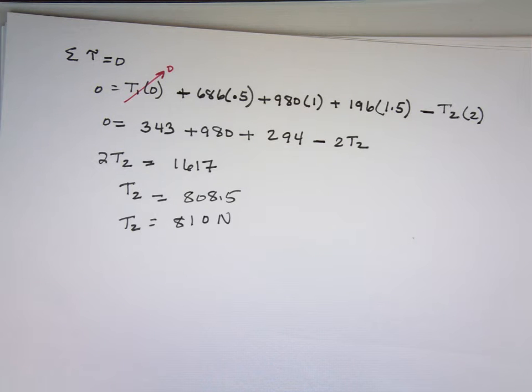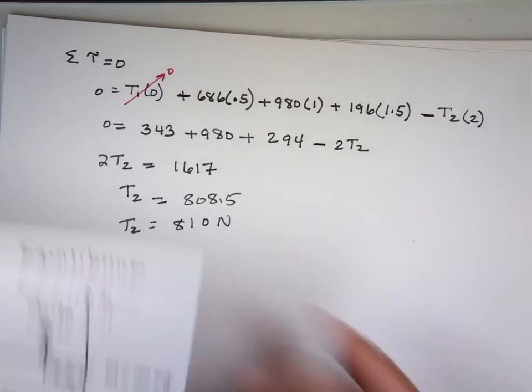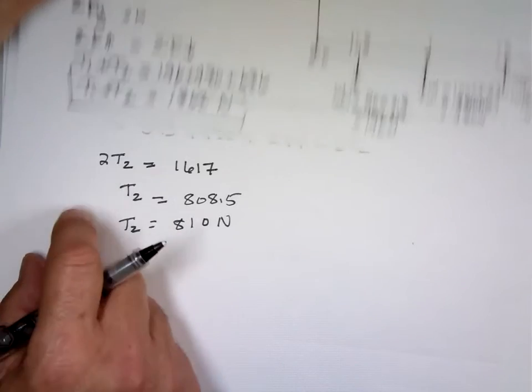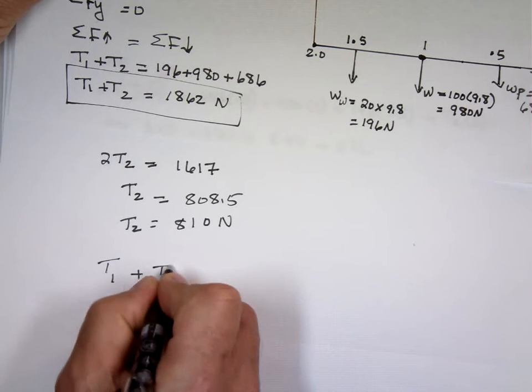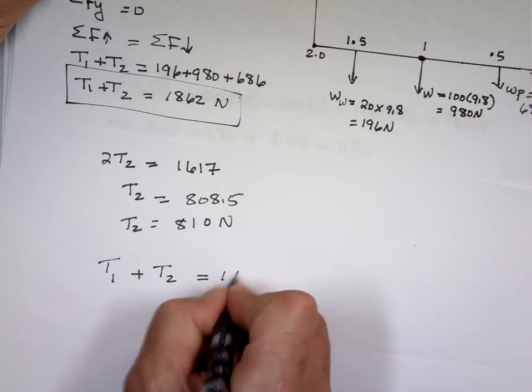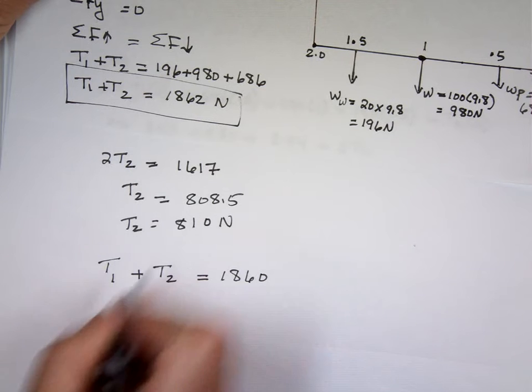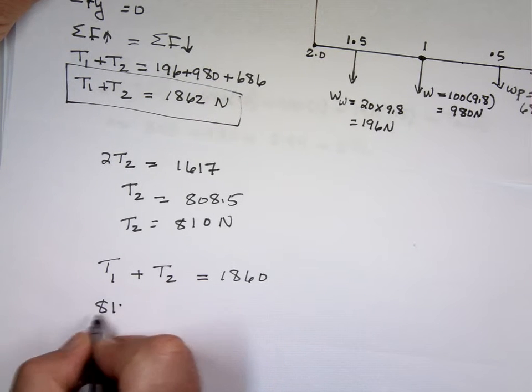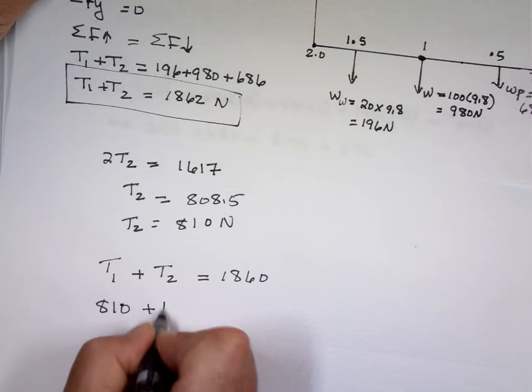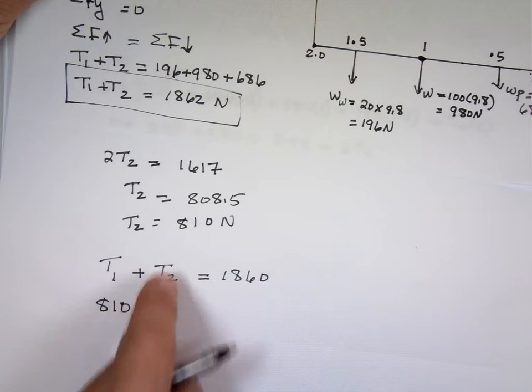Can we find what T1 is? From this equation, T1 plus T2 equals 1860. We know T2 is 810. Oh, so T2 is 810, not T1.